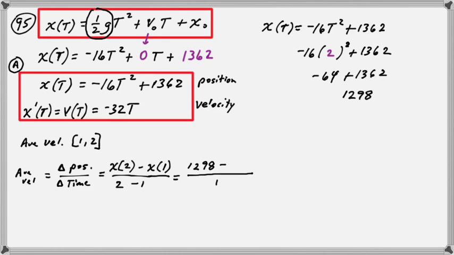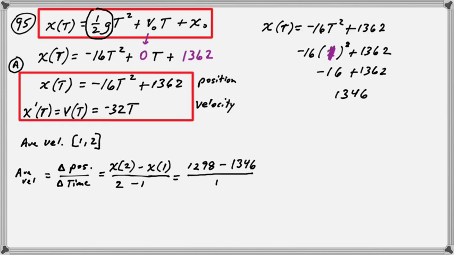Now, I also need to put in a 1. So what would I get if I put in a 1 instead of a 2 here? You would have negative 16 plus 1362, which is 1346.